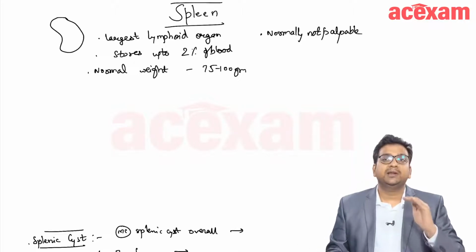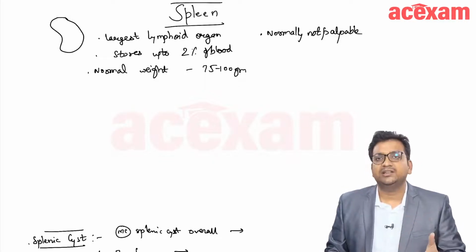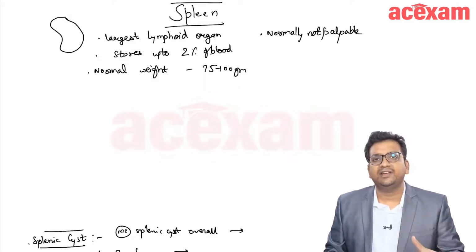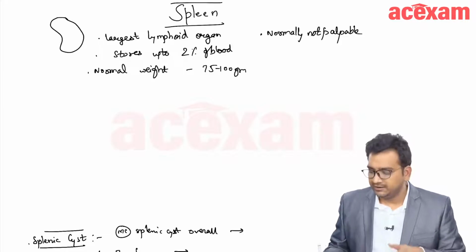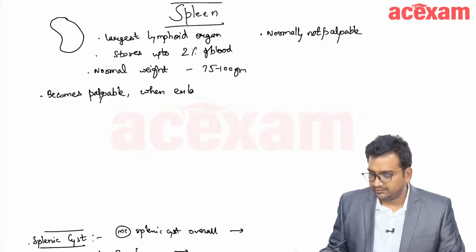The spleen becomes palpable only when it enlarges up to 2.5 times its normal size. When it enlarges to more than or equal to 2.5 times its size, then it becomes palpable.